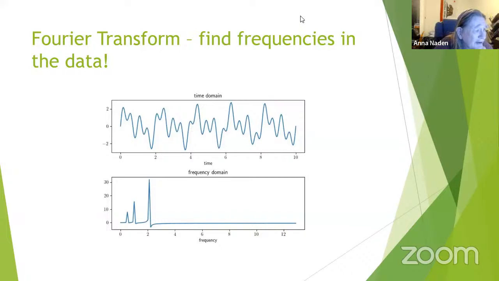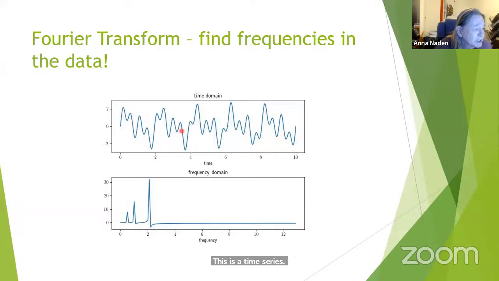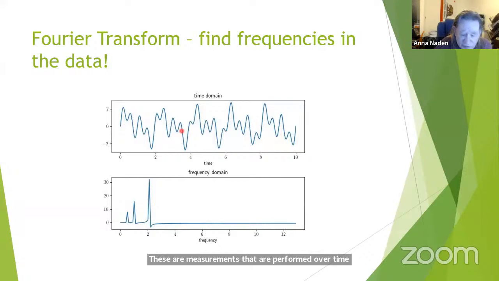So this is a classical Fourier transform. I've just dummied up a signal here with 3 frequencies in it. And when I compute the Fourier transform, I get spikes according to the period of the function. Now, the way this is different from the quantum case is this is a time series. These are measurements that are performed over time. Whereas with Shor's algorithm, you're dealing with multiple qubits.